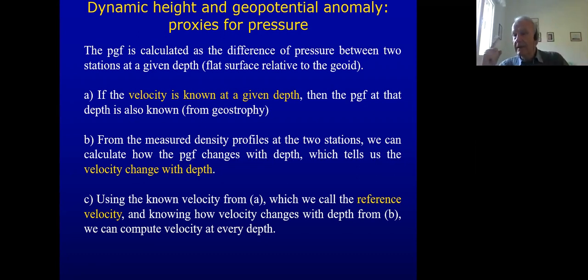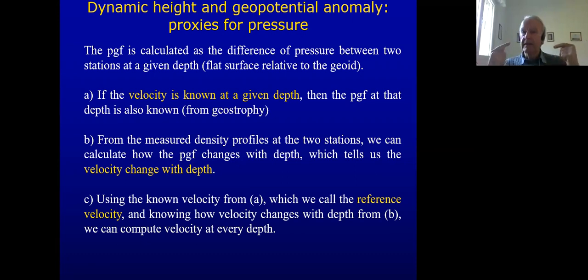We don't really have the absolute velocity, because the vertical shear, the vertical gradient of the horizontal velocity, is proportional to the horizontal pressure gradient. So that means you don't obtain the absolute value of the geostrophic flow.